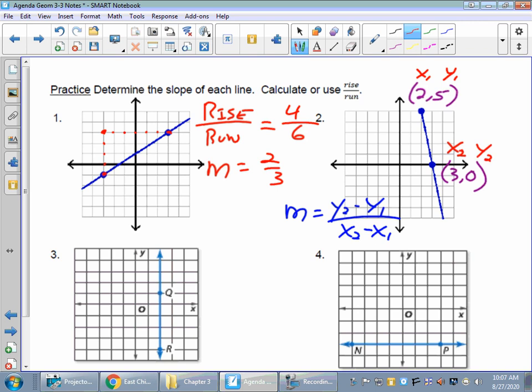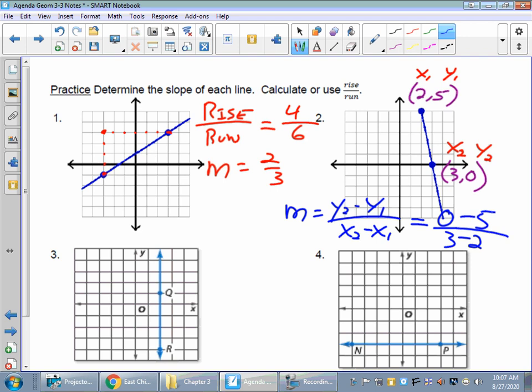You don't have to do that, but if it helps you to put the points in the right direction, then you might as well. So in this case, if I do that with the formula, my y2 is 0, my y1 is 5, so it'd be 0 minus 5. With my x's, x2 is 3, x1 is 2, so it'd be 3 minus 2.